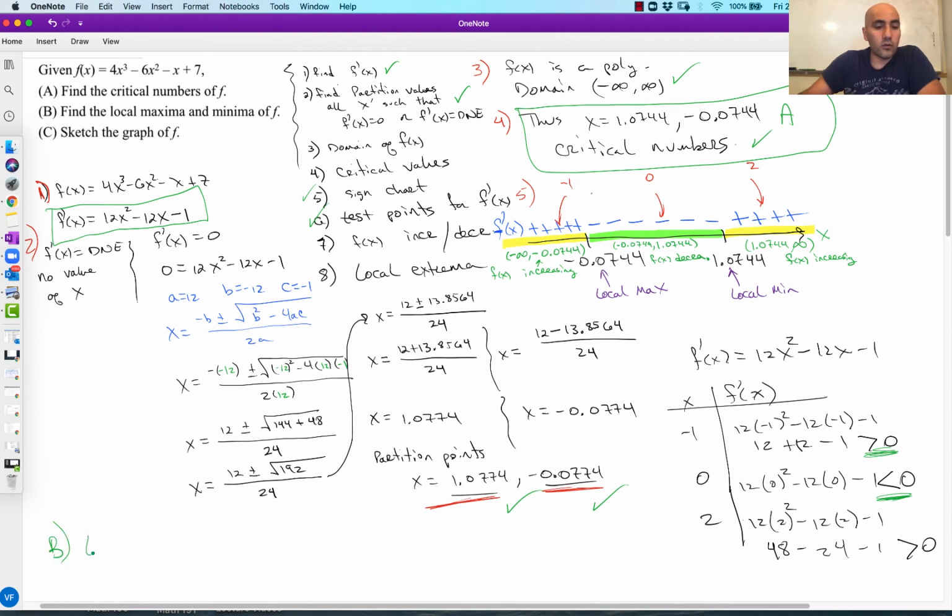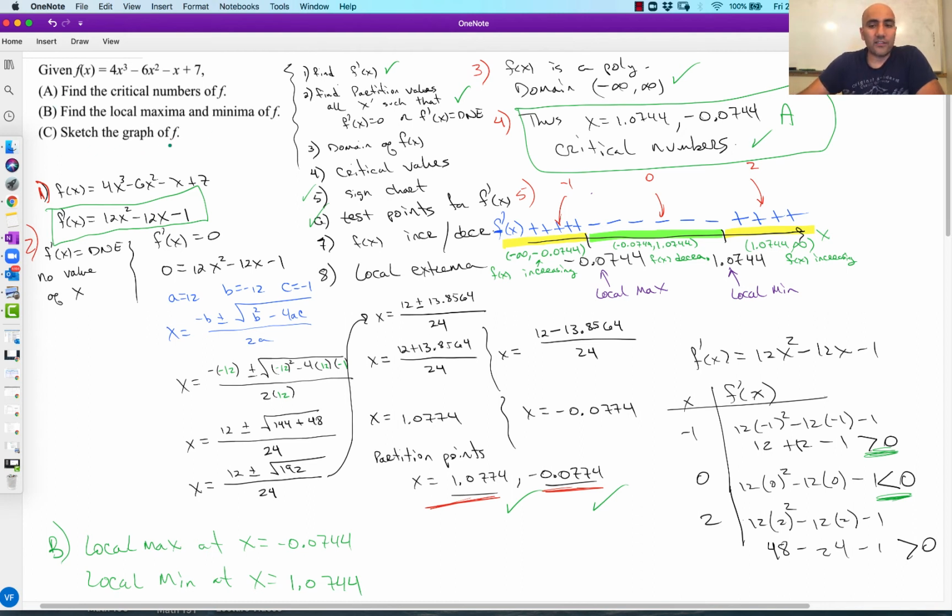There is a local max at x equals -0.0744. And there is a local min at x equals +1.0744. Okay, so we answered A and B.